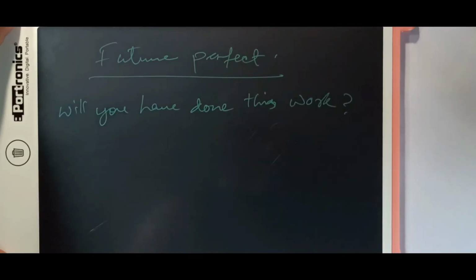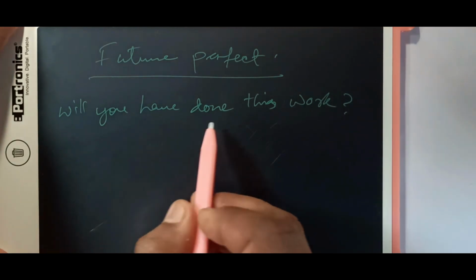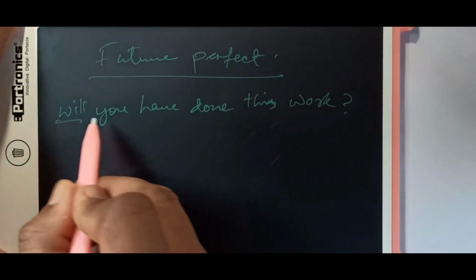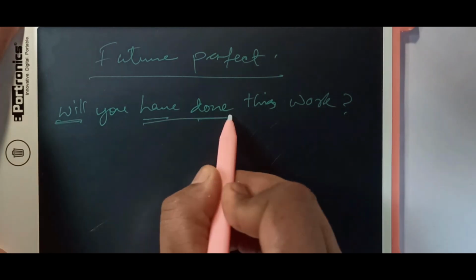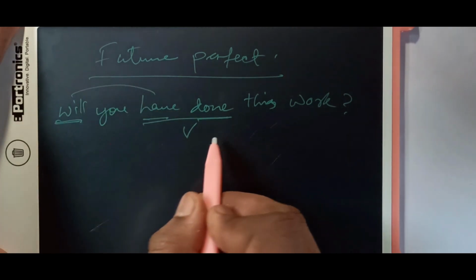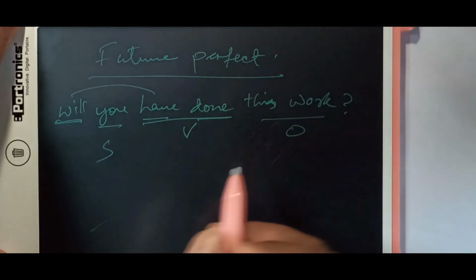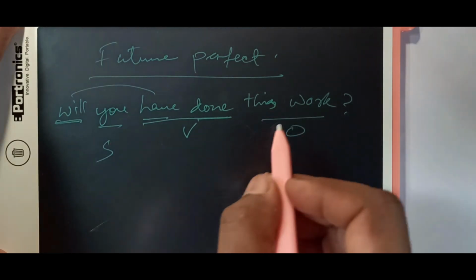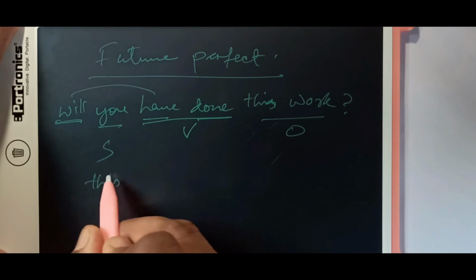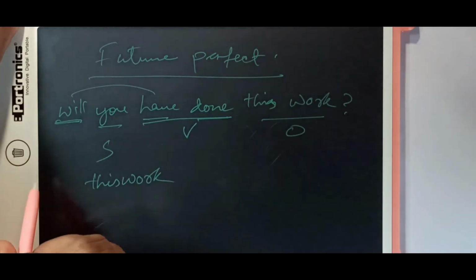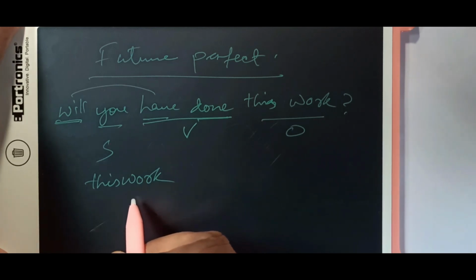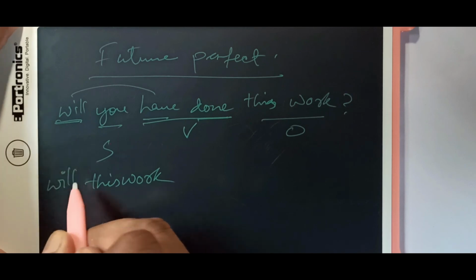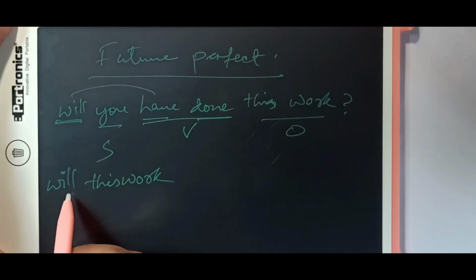Okay, now let's see future perfect. In the case of future perfect, this is the sentence. Will you have done this work? Will have, and the past participle form done. So all this together forms our verb. This is our subject and our object. So our object comes to the place of subject, this work, and it is still third person, that's why we will use will again, same as here also.